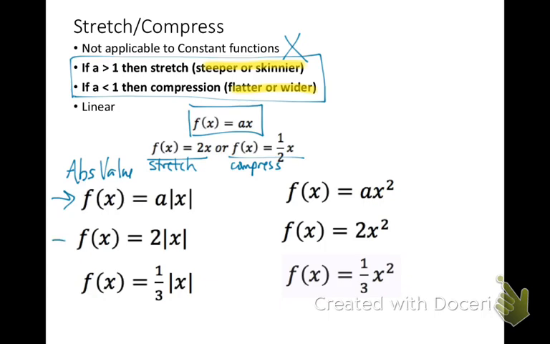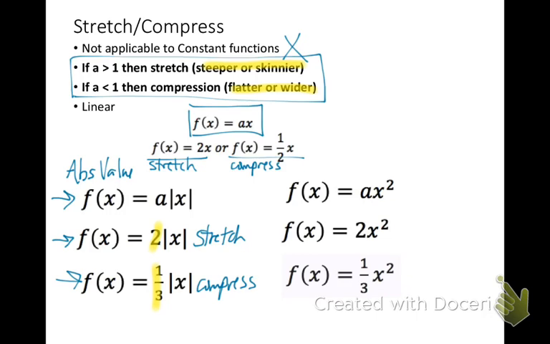Here is an example of a stretch by 2, because notice the a value has changed from just 1 to 2. And this one is a compression because it is less than 1. So this V-shaped graph is going to be skinnier than the parent, and the last one is going to be wider.